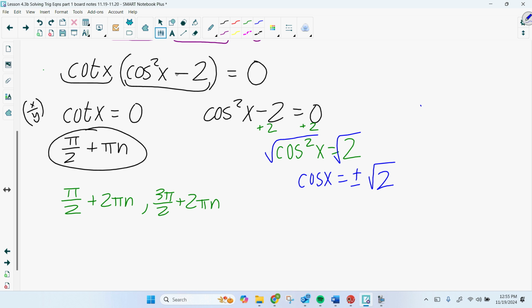And if you think about the unit circle, what's the biggest value cosine ever is? Yeah, the biggest it ever gets is 1. And so this actually is not possible. So we would just write no solution over here. So this was a case where one of the factors gave us a solution, but the other one didn't.